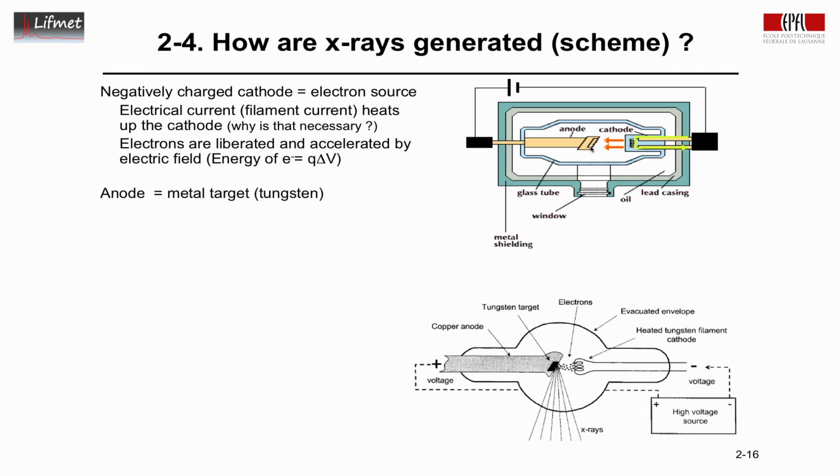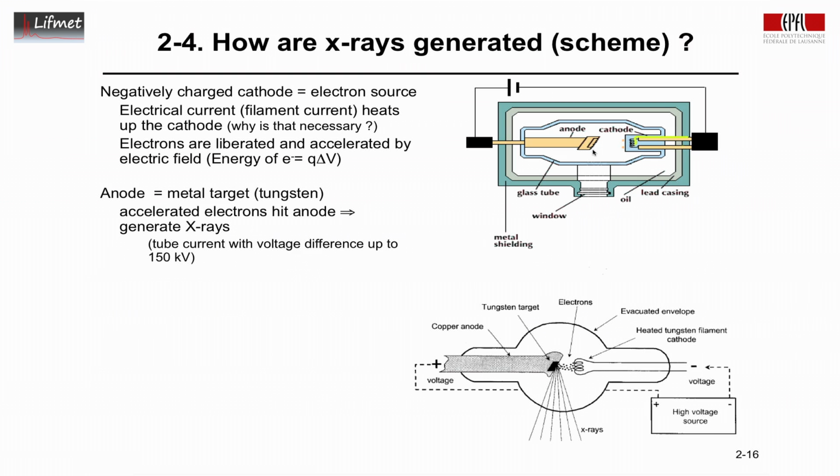In the anode we have a target, and this is a metal target. Typically it's tungsten. We'll discuss in a short while why. So they hit the anode, and the voltage between cathode and anode is up to 150 kilovolts.